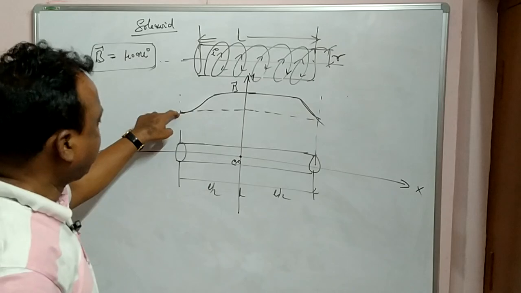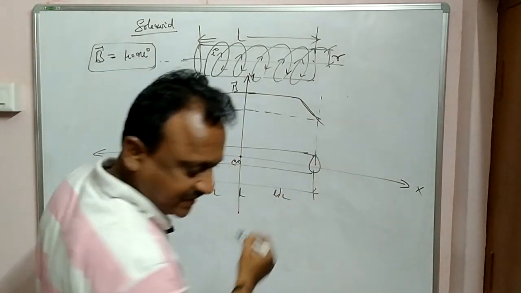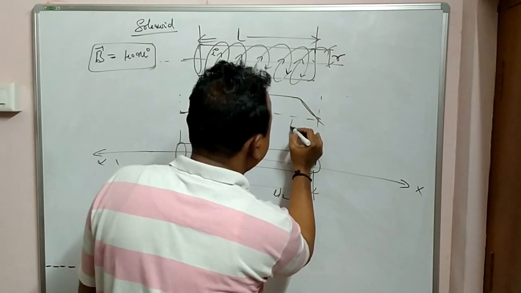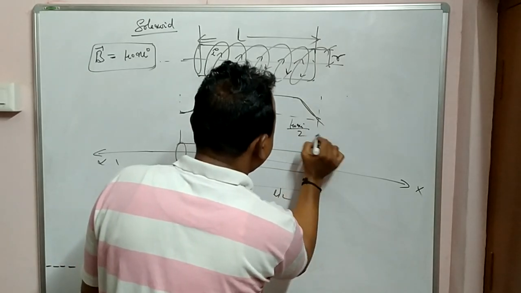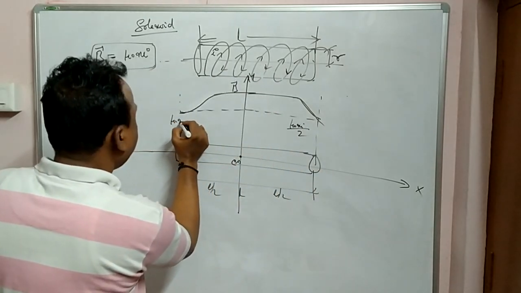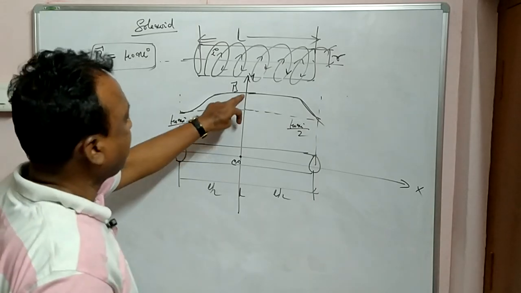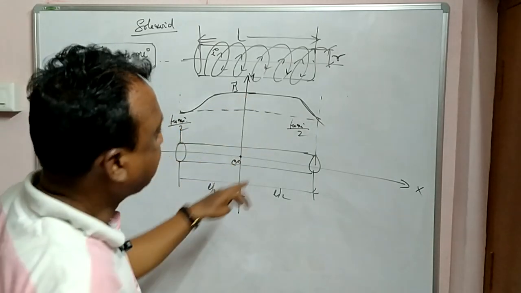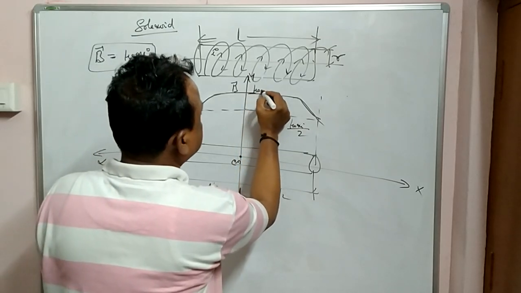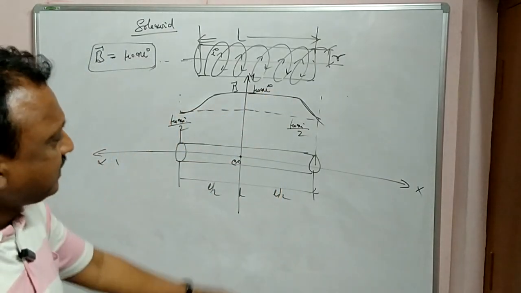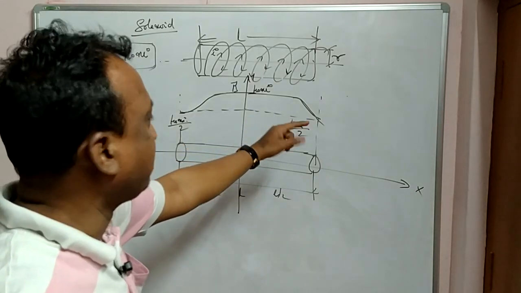At the edges you see the value is decreasing. At the edges it is mu naught N i by 2, and here you get the maximum value, mu naught N i, at the center. So like this you can explain the graph also. At the edges it is decreasing to 1 by 2 into mu naught N i.